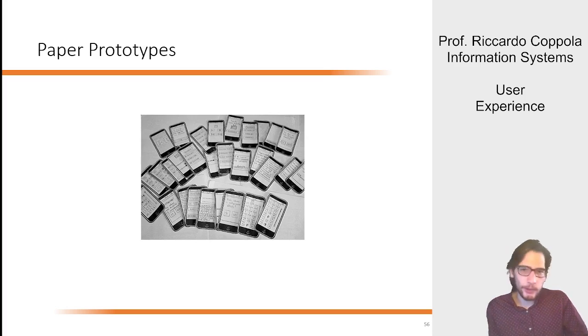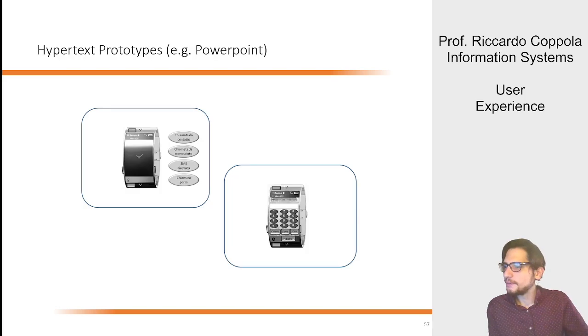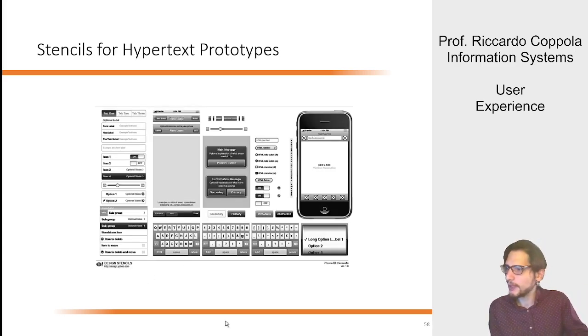I can have also paper prototypes. It is something that is typically done when user experience is designed. Paper prototypes are typically done in the context of mobile applications design. Another example that I can have is using hypertext prototypes. So I can use PowerPoint with clickable interfaces, or PDFs that are clickable, in which I can have the feeling of clicking on the interfaces.